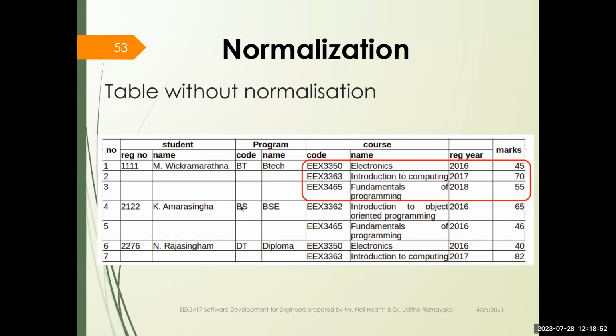Name, registration number, program, course codes. These course codes belong to one name. These codes belong to one name. This course code belongs to this name also. So we can write it in a separate file.